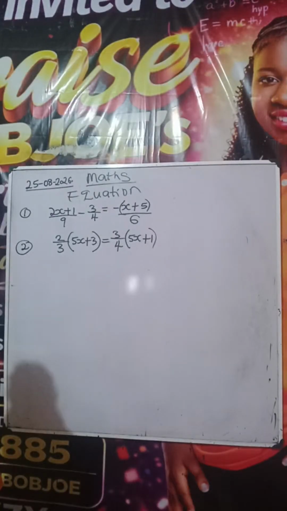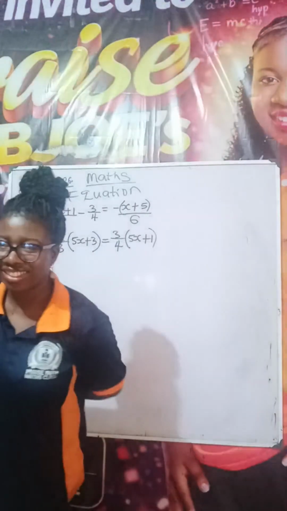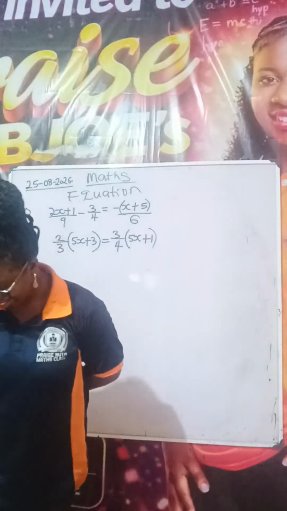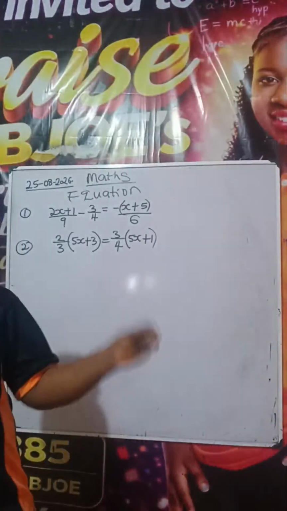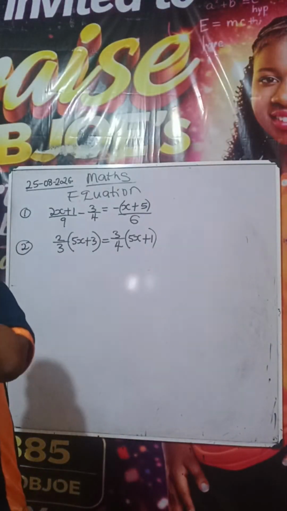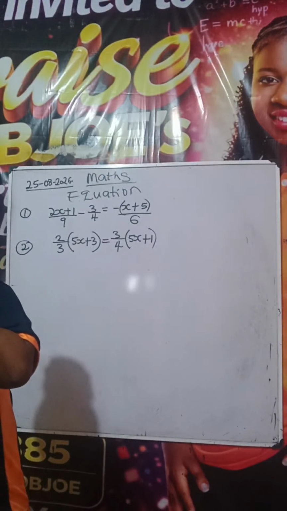Look at it very well. Are we seeing the equation or should we solve the two? If you are asked which one will I solve, then I'll leave one for you. Which of them? Nobody is talking now.